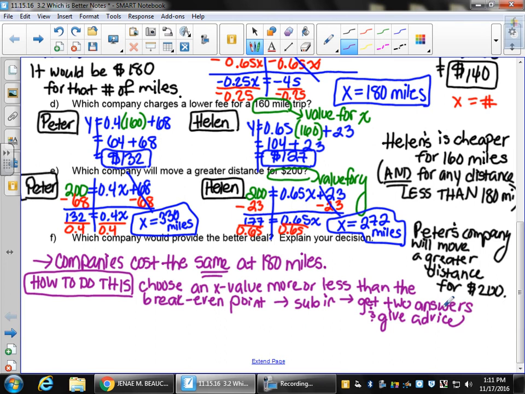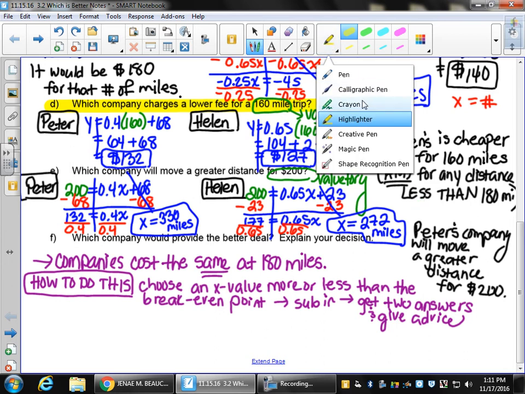So for example, we actually already did this for this one because we had this question right here. Which company charges a lower fee for 160 miles? 160 miles is less than 180. For less than 180, Helen is cheaper.